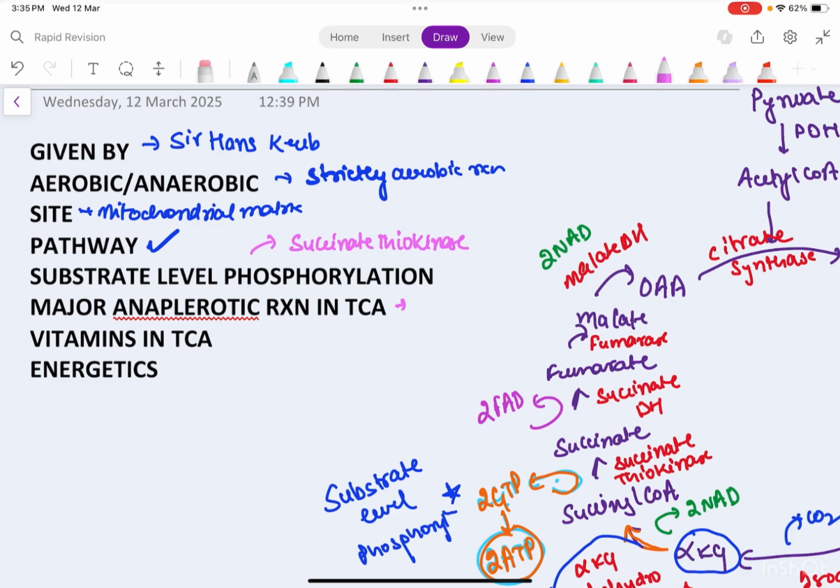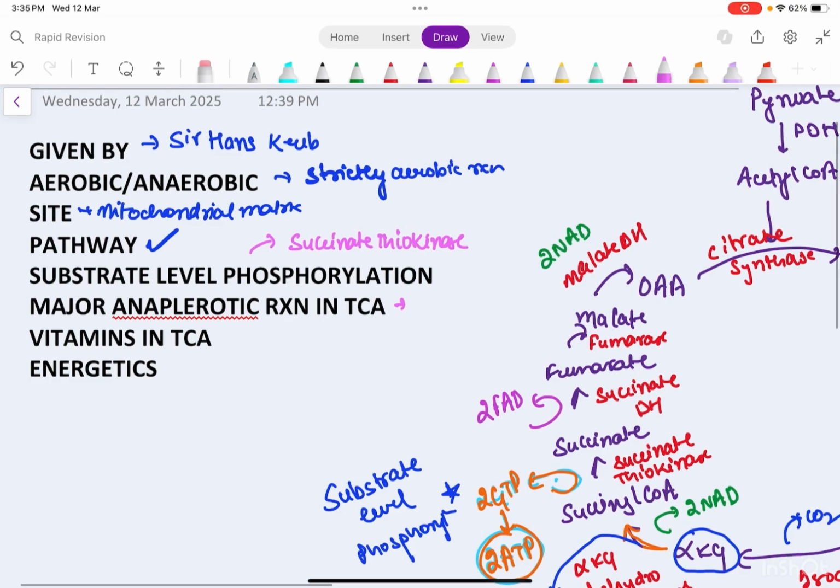This question, major anaplerotic reaction, which reaction is giving the intermediates for the cycle? It is the pyruvate carboxylase enzyme. Now this reaction is basically nothing but pyruvate getting converted into oxaloacetate inside the mitochondrial matrix.